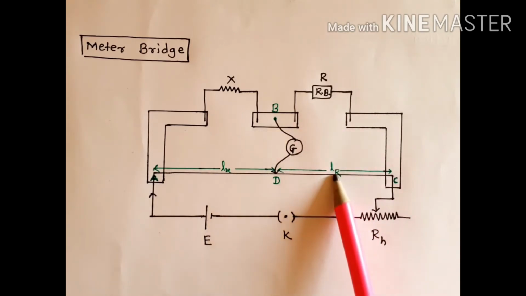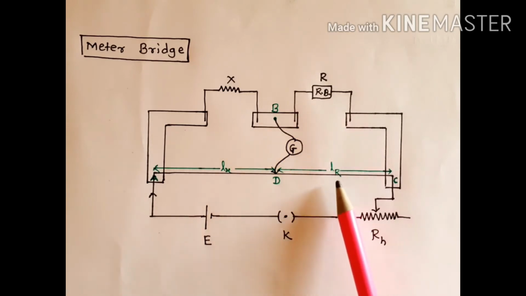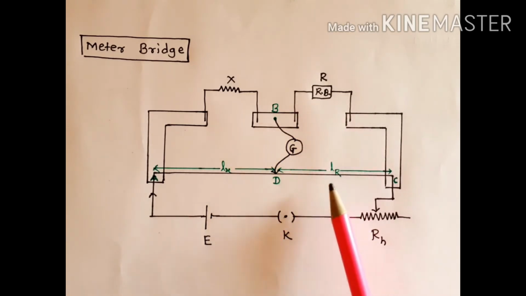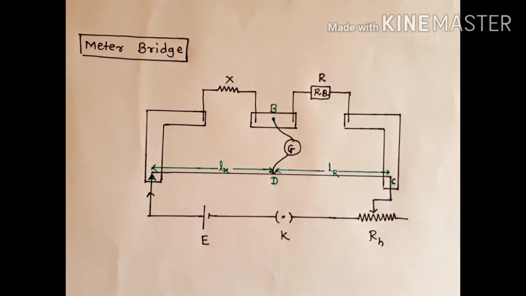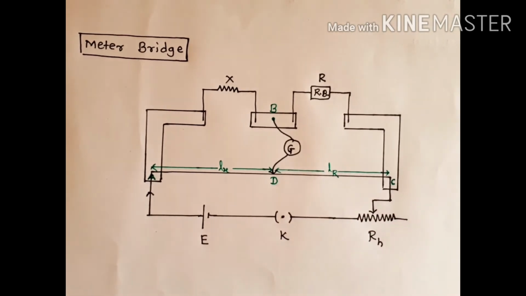This is the balanced length opposite to the resistance box, therefore it is denoted by Lr. Means length AD is equal to Lx and length DC is equal to Lr. D is the balanced point.